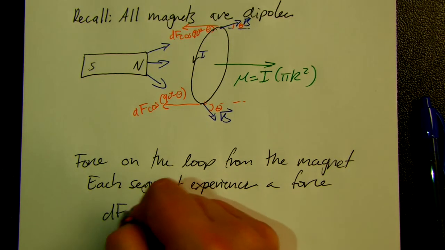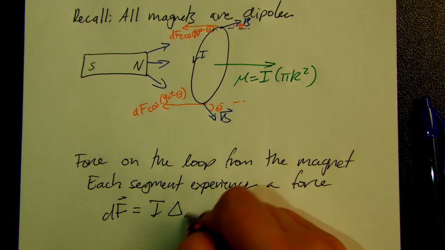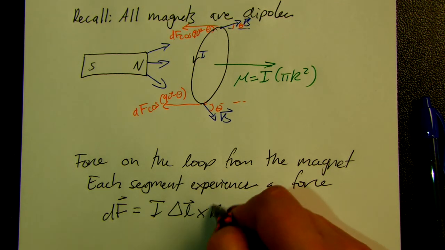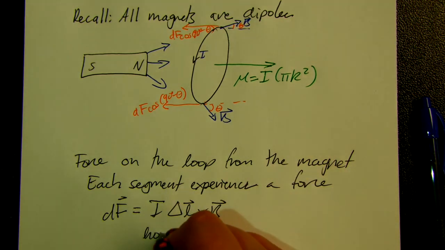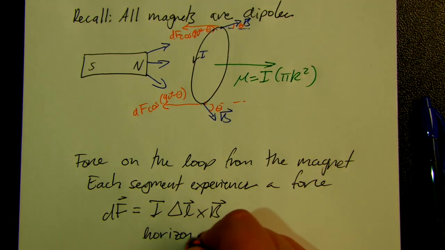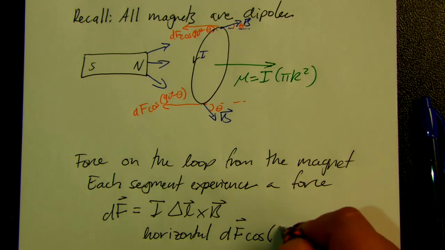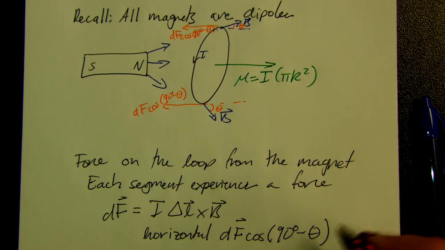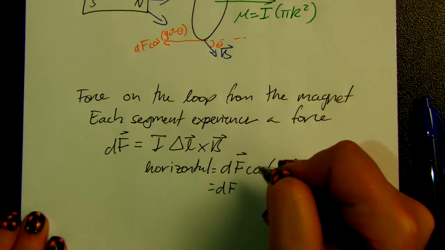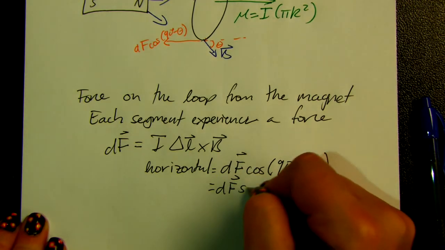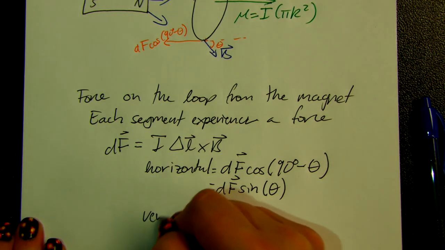Each piece is going to experience a part of a force equal to the current times our segment piece delta L crossed with the magnetic field. So for the horizontal component, we have dF cosine of 90 degrees minus theta, which is equal to dF sine theta. And the vertical components cancel.